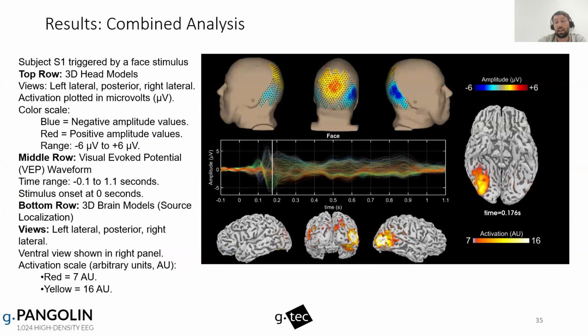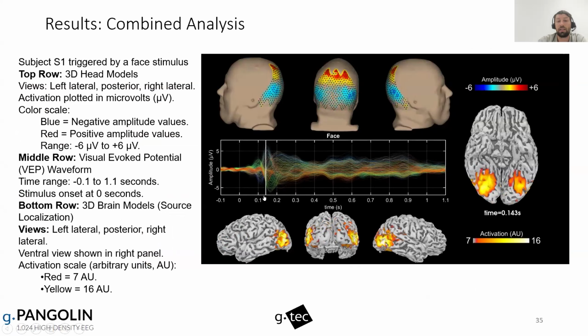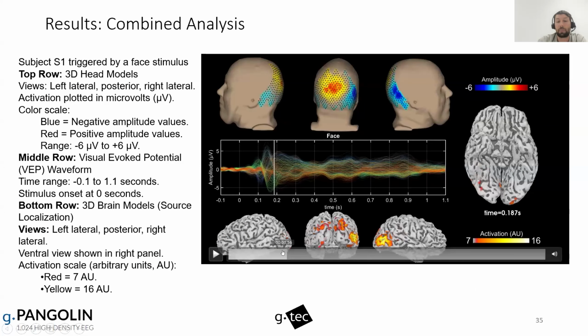So we have here the activation shown from the Pangolin system on top. For the face stimulus for subject S1 in this case, we can see, for example, at the early N100, you can see it here on the occipital pole, similar to the plots that you have seen before already. And this then proceeds, goes more lateral on this side, on the temporal region.